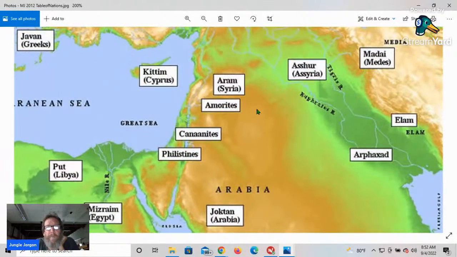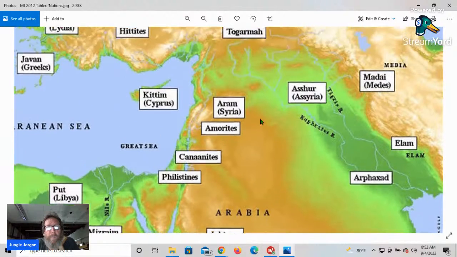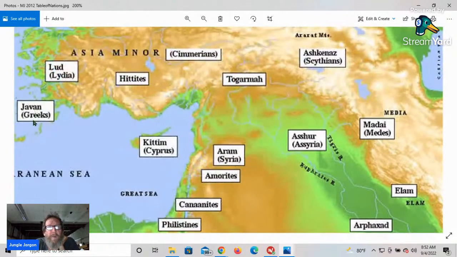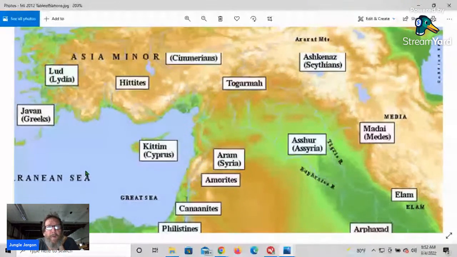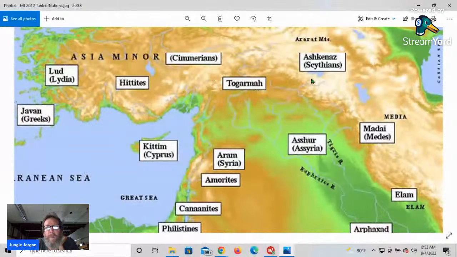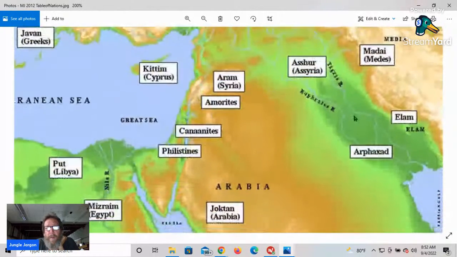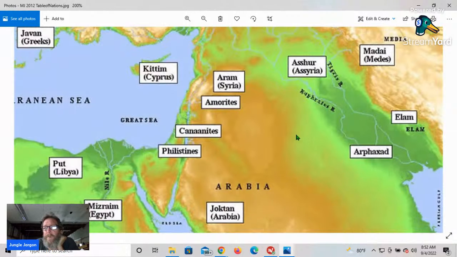Again, we have Javan, Greeks, Little Lydia, Hittites, Ashkenaz, Madai, Medes, Assyria, Aram, Elam, Arpachshad, Mitzrayim, and Push, and Cush is farther south.